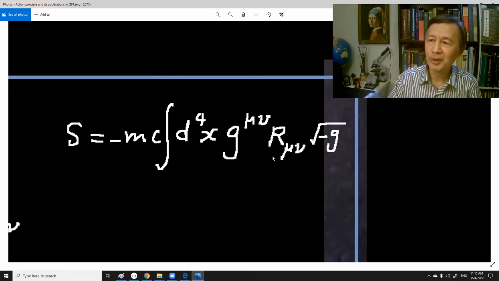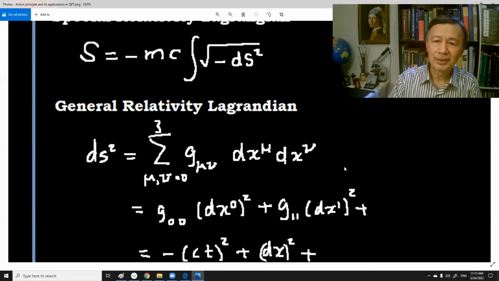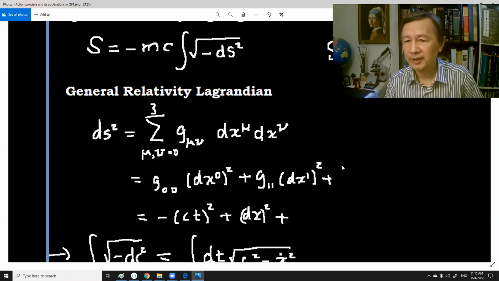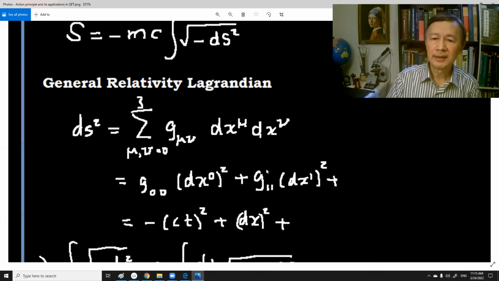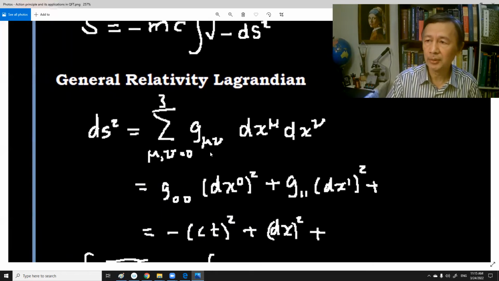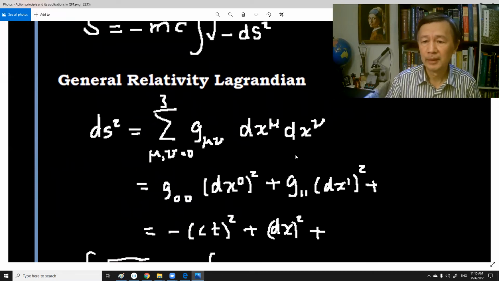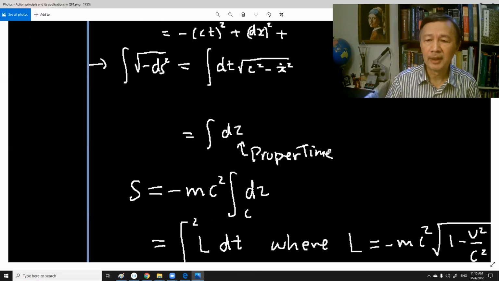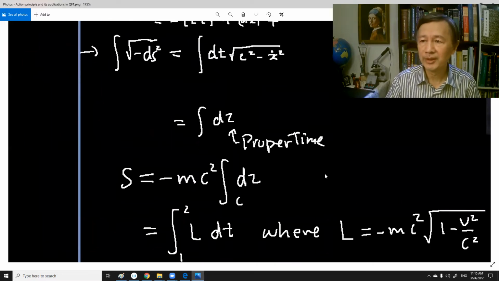You can see this is the Riemann tensor and curvature. And this is how the Lagrangian in general relativity can be written in this form. And of course, in the special case, it just returns to special relativity.